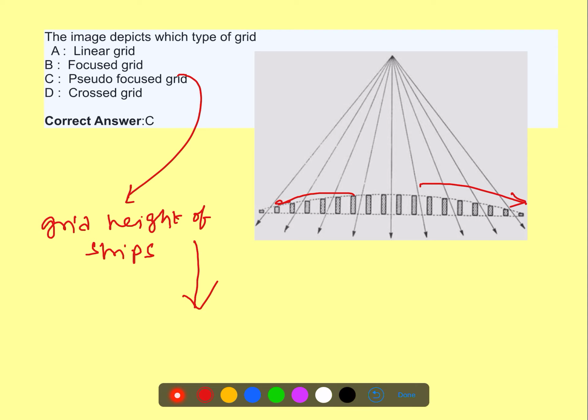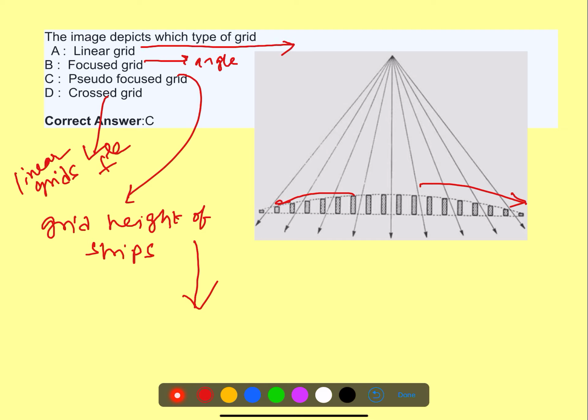And in the cross grid, the linear grids are placed at right angle to each other. In the focused grid, the strips of lead are angled progressively, that is, they are with some angulation. Whereas in linear grids, the strips are placed alternately, or parallel. So these are the types of grids used in extraoral radiography.